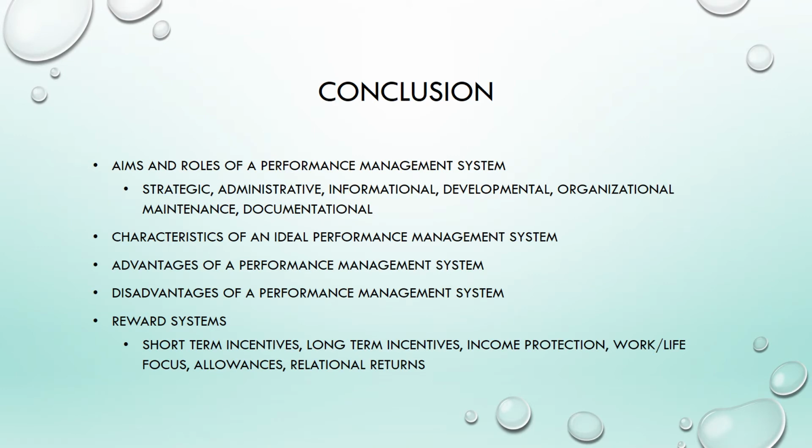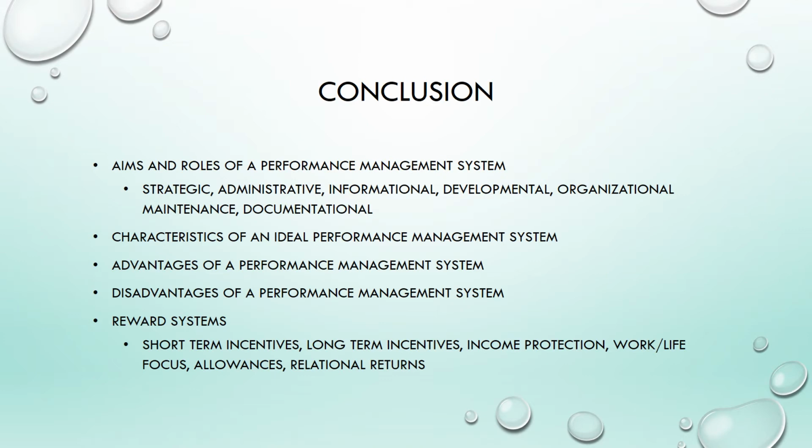All of these key points help create an ideal performance management system. There are 6 purposes. They're strategic, administrative, informational, developmental, organizational maintenance, and documentational. There are characteristics that help create an ideal performance management system. When these characteristics are met, there are great advantages. And when they are not met, a poor performance management system is created and there are many disadvantages.